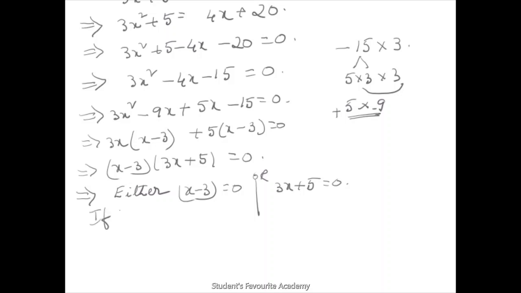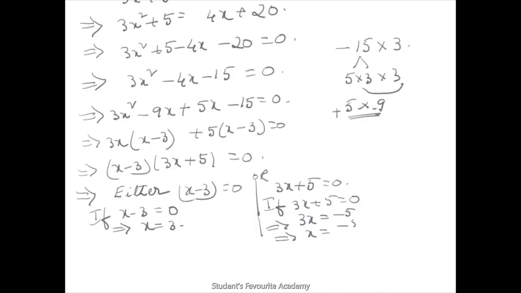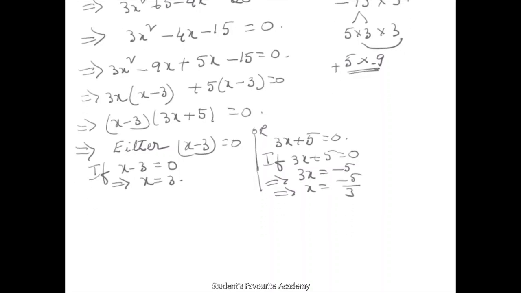Now if x minus 3 is equal to 0 implies x is equal to 3. Now here if 3x plus 5 is equal to 0 implies 3x is equal to minus 5 implies x is equal to minus 5 upon 3. Not possible because age cannot be negative, right? So therefore x is equal to 3.